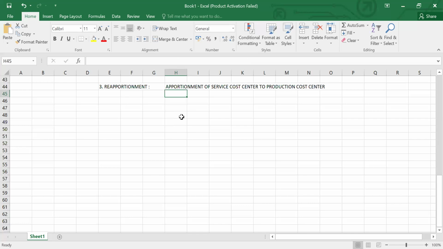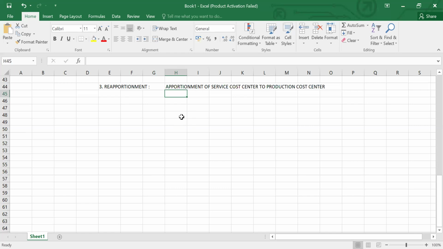centers. As you can see from the names I have written, there are two types of cost centers. And what is a cost center? Cost center is any department that incurs cost. Every department in a company is basically a cost center. There are two types: service cost center and production cost center. Production cost centers, from the name, are those that are primary and majorly involved in production.